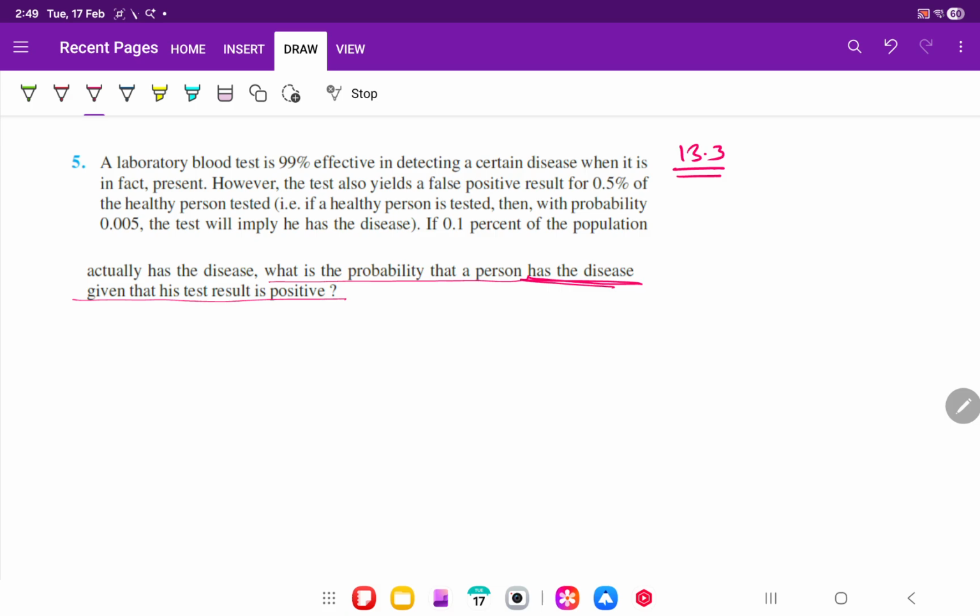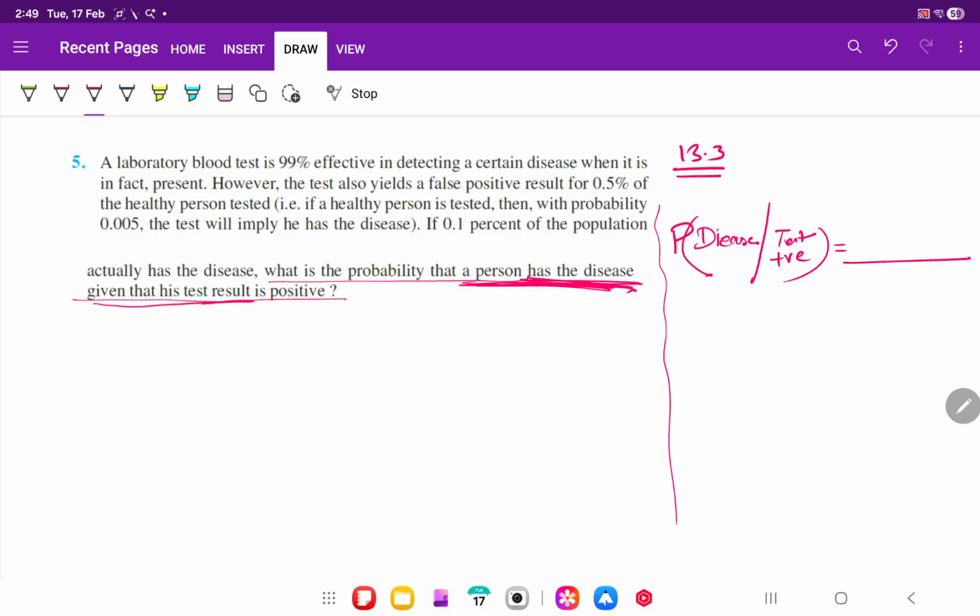So what you have to find is the probability that he has the disease, and the condition is that the test came out positive. The probability the person has the disease given that the test is positive, the given is the condition. So here probability will be favorable cases by total cases.